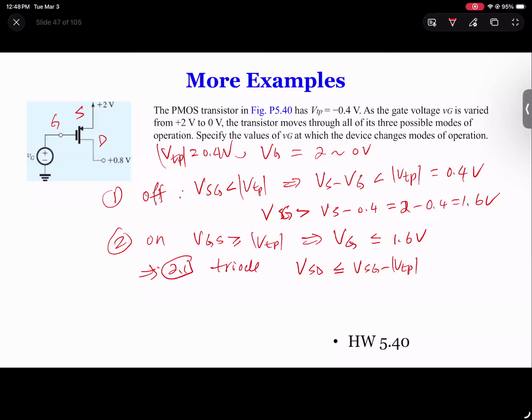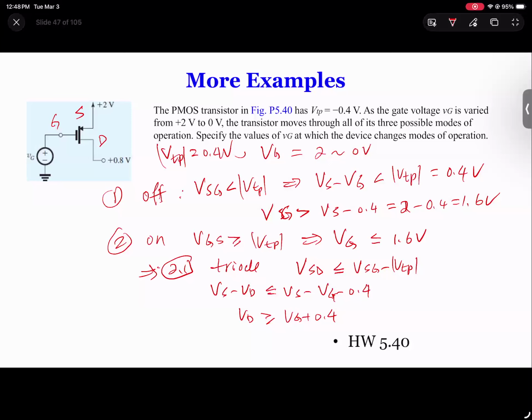So VSD can be written as VS minus VD less than VS minus VG minus 0.4. Okay, so this is our equation here. So VS apparently on both sides can be cancelled. So we have VD can be larger than VG plus 0.4.